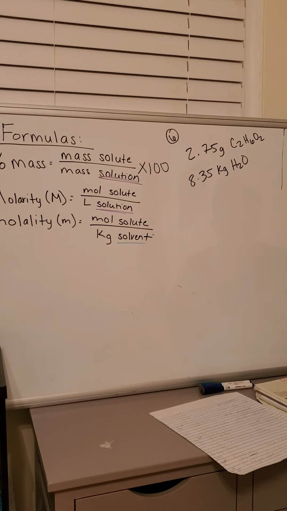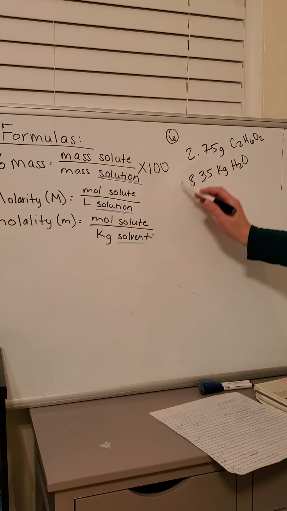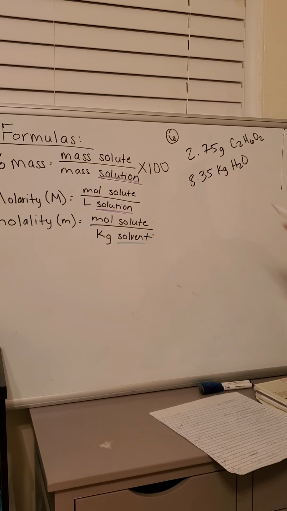Calculate the molality of this solution. Looking at this, this number is going to be smaller than this one, because if you were to convert this out, that would be 8,350 grams. So this one is way larger. Also, again, it's water, universal solvent. So that's how you would label that: solute is up here and solvent is right here.